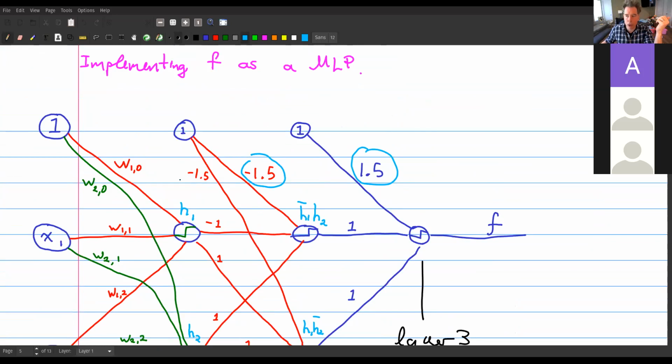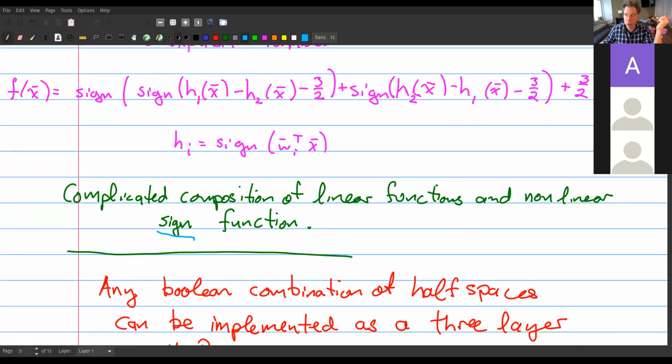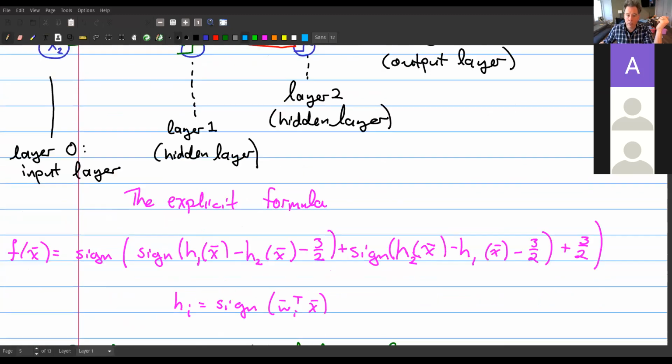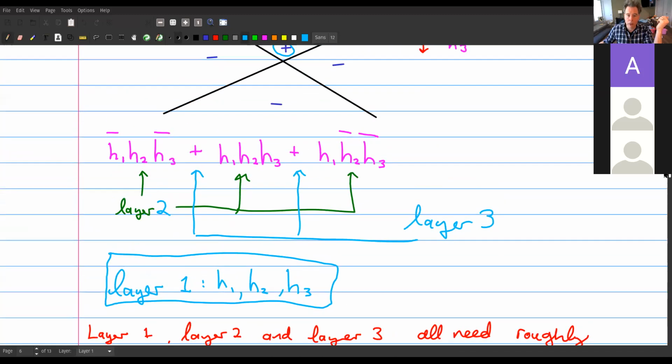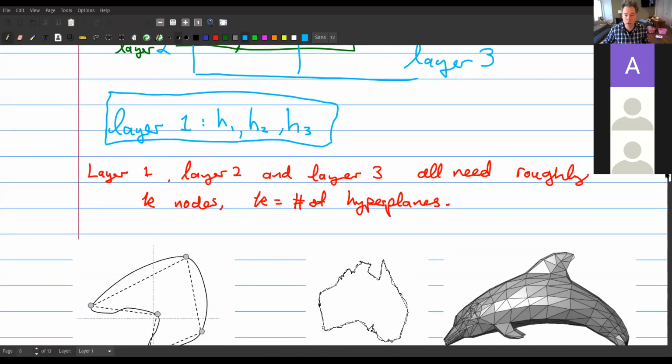So there could be hundreds of nodes in layer 2, depending on how many half spaces there are, and there could be hundreds of nodes in the third layer. Actually, once you decide that there are 3 half spaces, then there's one summand here for every Boolean combination of those potentially. So anyway, you can figure out the combinatorics if you want to.